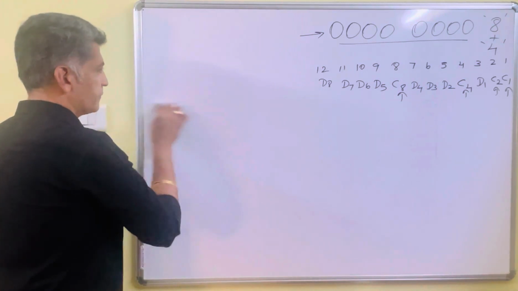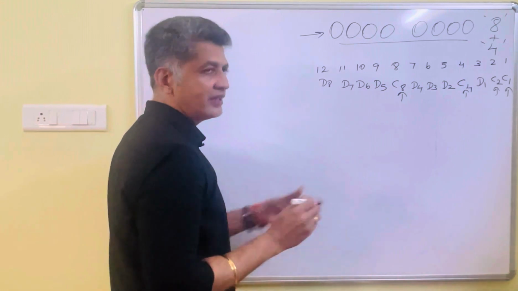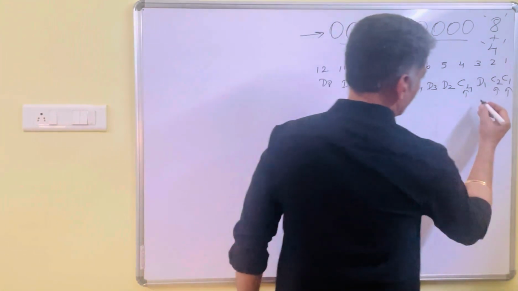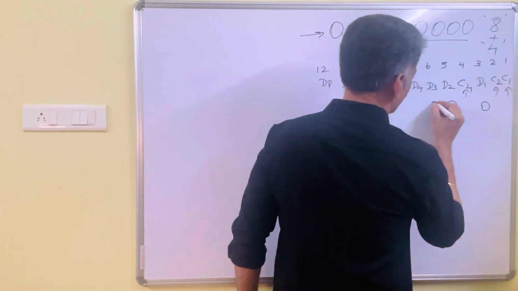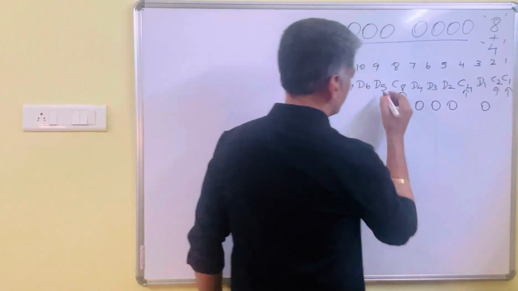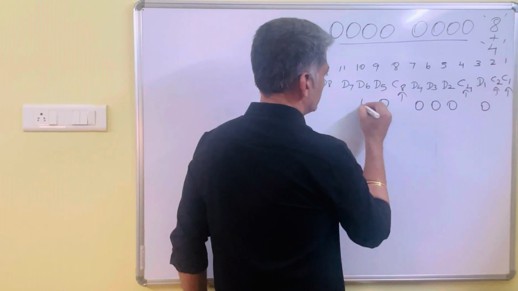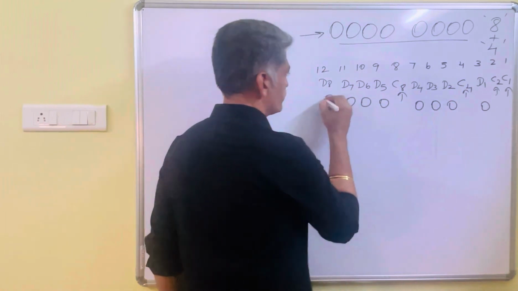So now I am going to place the data bits here, as zeros: 0, 0, 0, 0, and here 0, 0, 0, and 0.